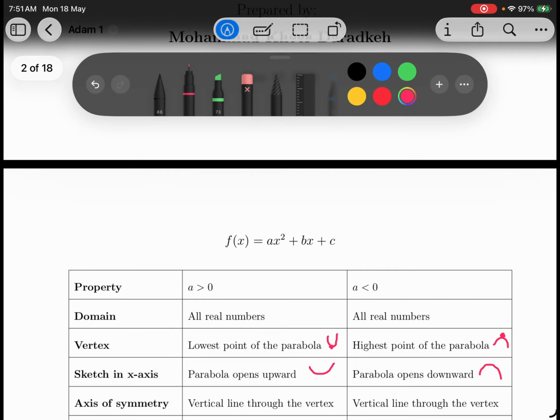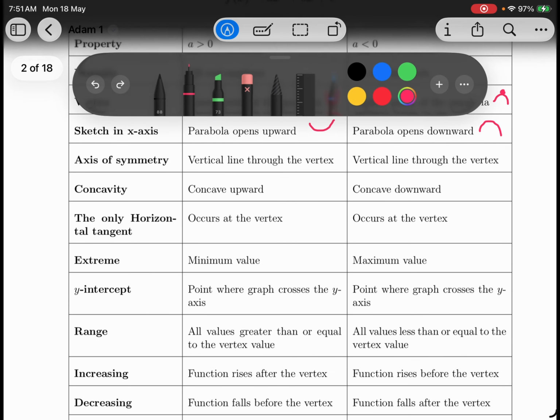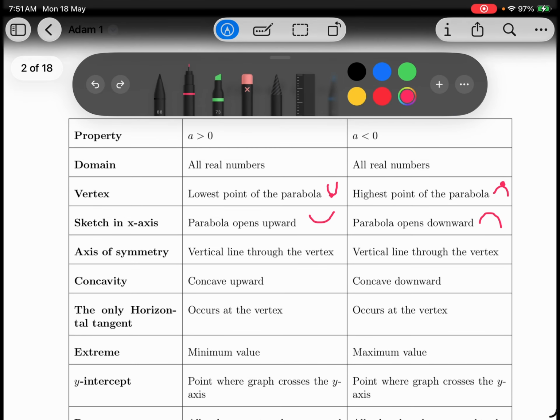The axis of symmetry depends on the coefficients. If you have this function and you already know how to find a, b, and c, where b is the x coefficient, a is the x squared coefficient, and c is the constant term, then we have a formula. Regardless of whether a is negative or positive, the axis of symmetry is unchanged, and the formula is x equals minus b over 2a.